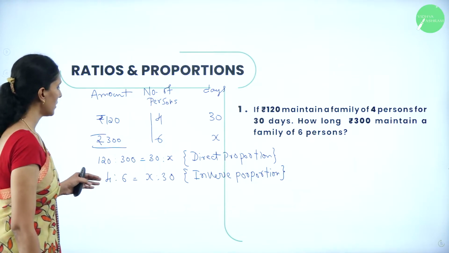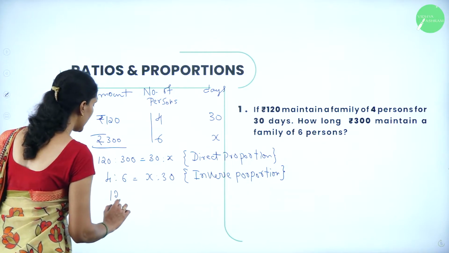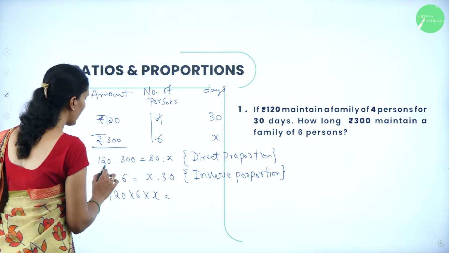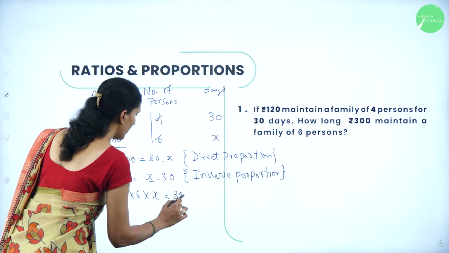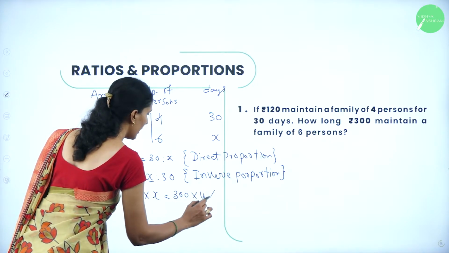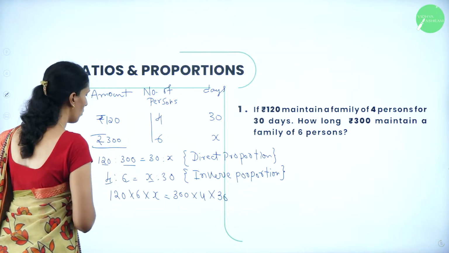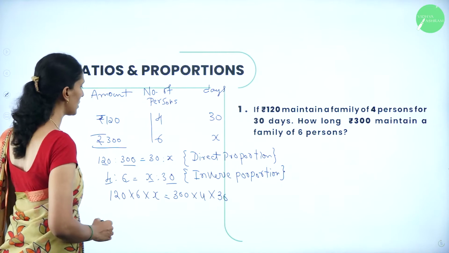Now we can see, solving this, I can write 120 into 6 into x, so 120 into x is equal to 300 into 4 into 30. So cross multiply because they're inversely related.